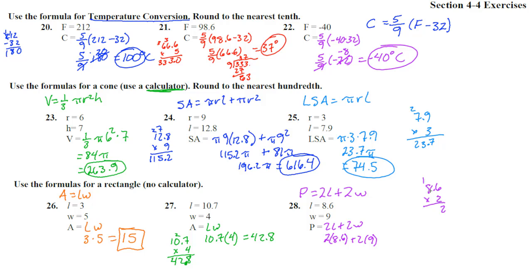Carry the 1. 2 times 8 is 16, plus 1 is 17. 1 digit behind the decimal place, so that's 17.2. Plus 2 times 9, that's 18. So adding these together, 17.2 plus 18, and we get 35.2. Excellent.